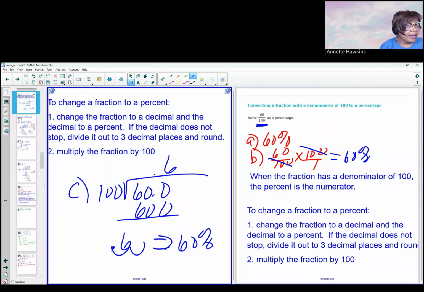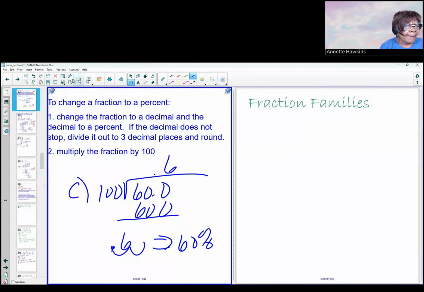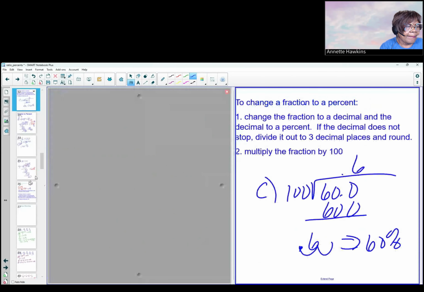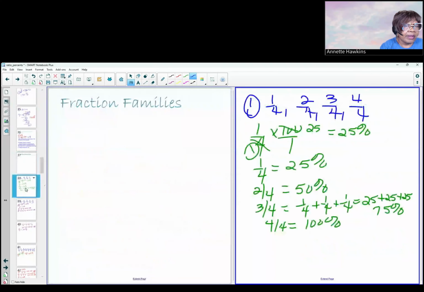Now, let's look at some fraction families. This is the 1/4 family. So once you know the first one, then all the others you can get by adding.